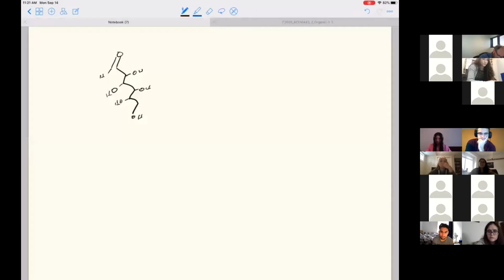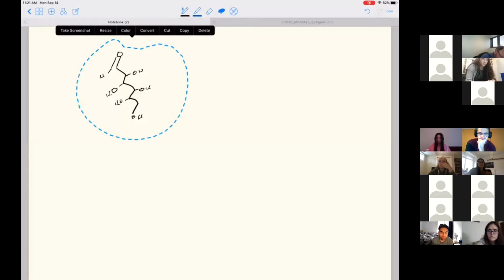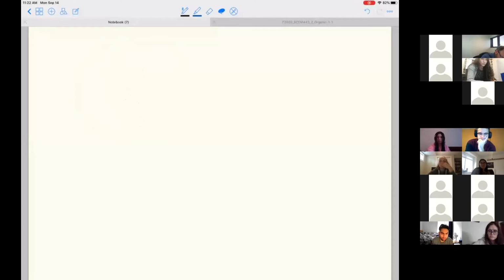I think notebook 7 is where we had these notes going. So for example, go back to our lactate or pyruvate example. This is the pyruvate example. In this particular case, if you count it up, let's just look at that carbon.